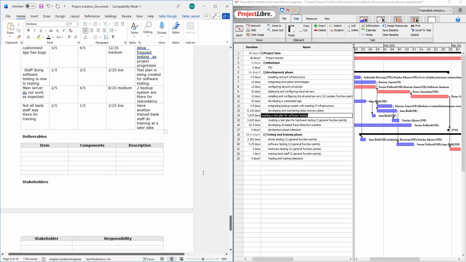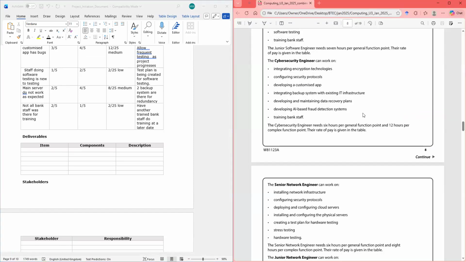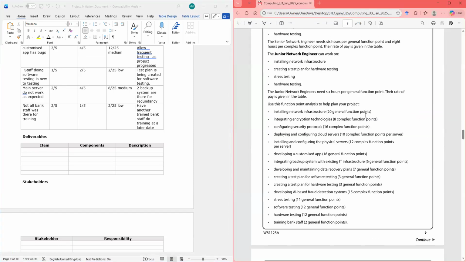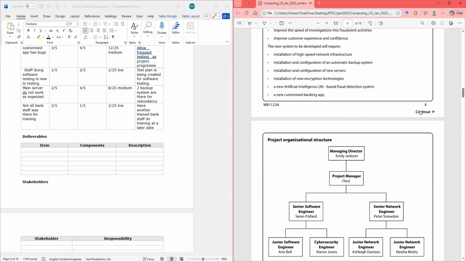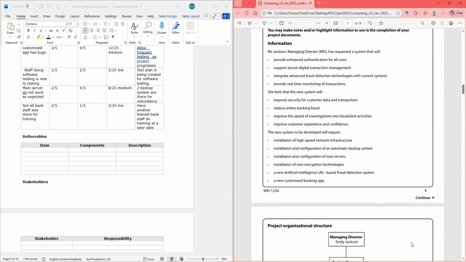Deliverables. Deliverables are on your set task brief. It's right at the top. All right. And at this point, everybody should know what the deliverables are.